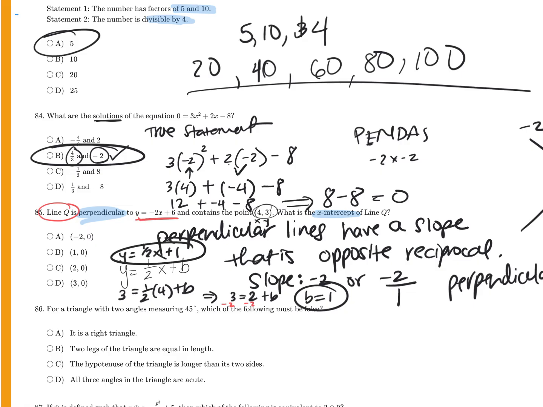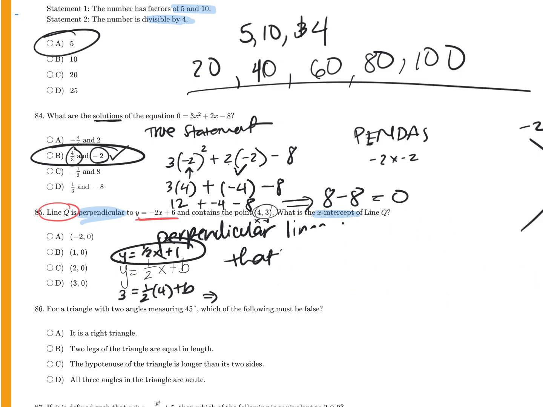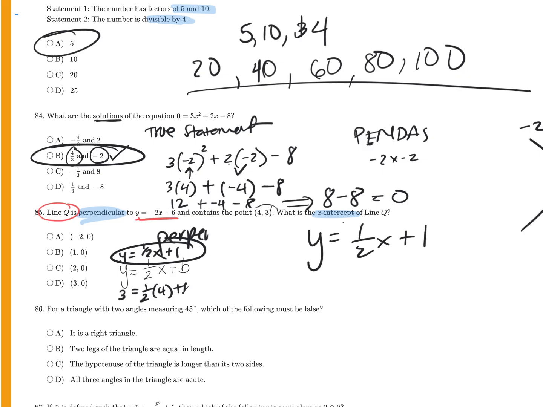Okay, that's our equation. Now, we can use that equation to find the x-intercept. So y equals 1/2 x plus 1. To find the x-intercept, you make y equal to 0. So we're going to make y equal to 0 and solve for x.